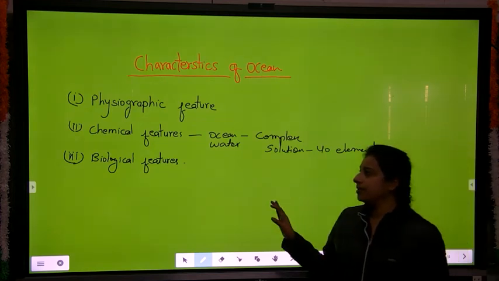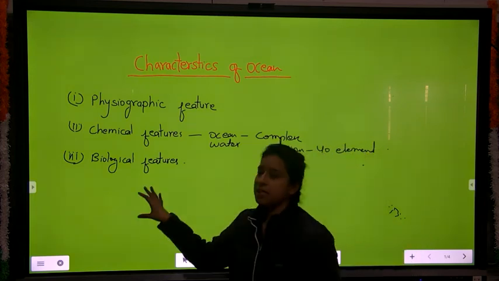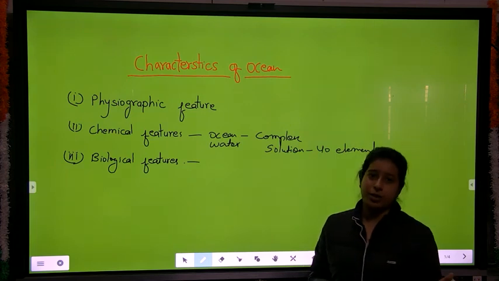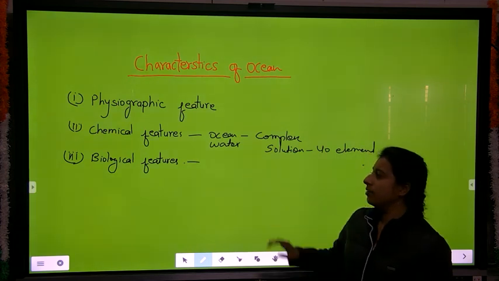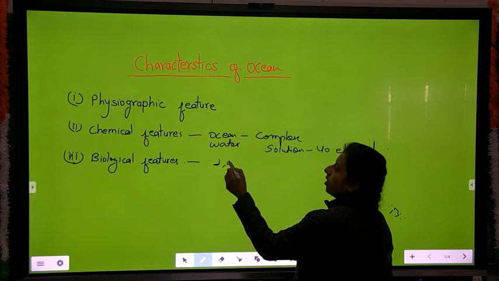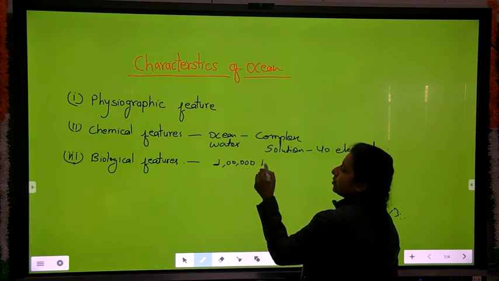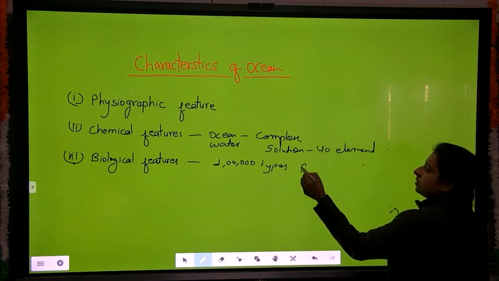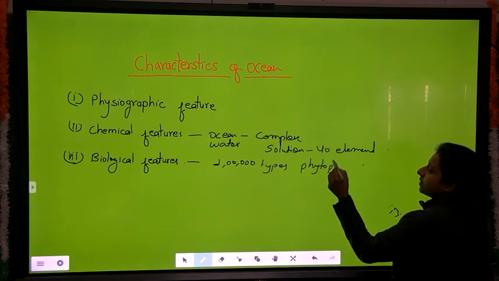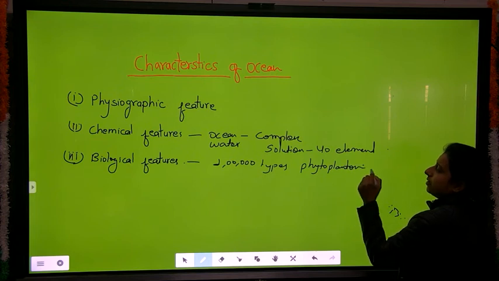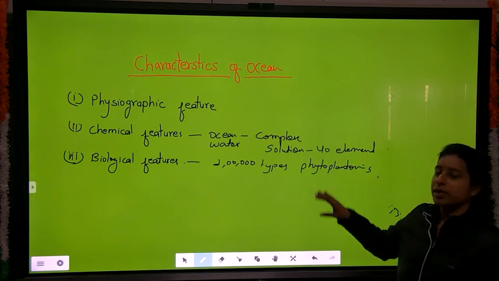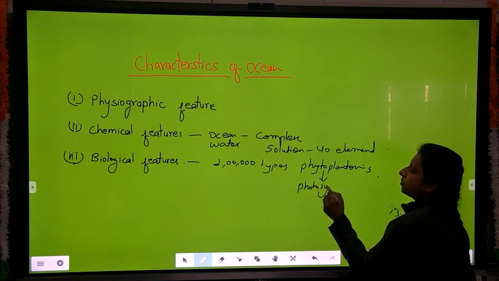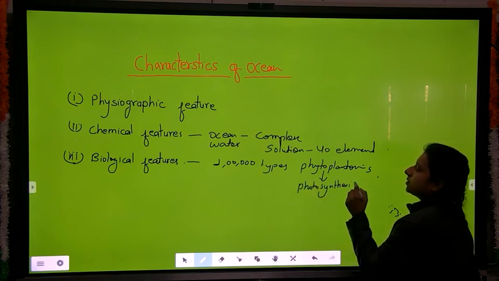Okay, and next, if we talk about the biological features of the ocean, there are so many varieties of biological features in the ocean. As you can see, there are around 1 lakh types of phytoplanktons present in the ocean, whose main activity is to do photosynthesis, which supports the marine life.